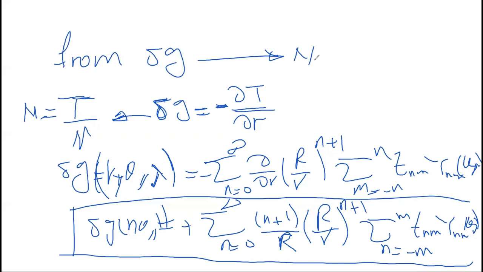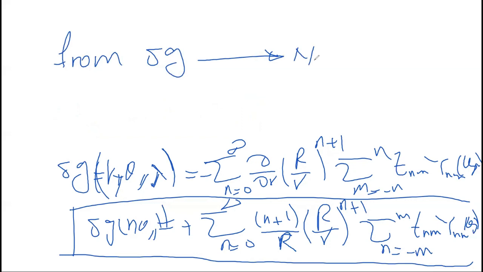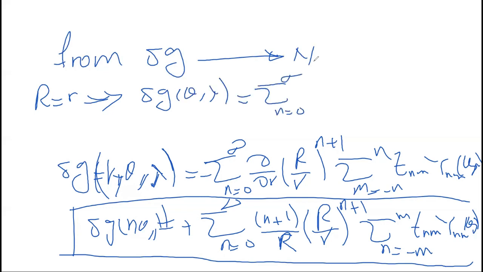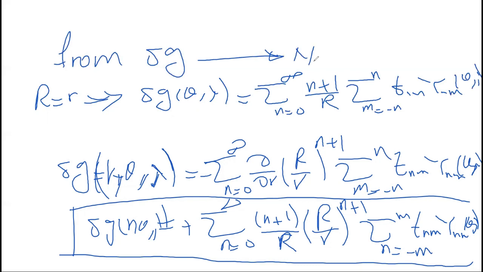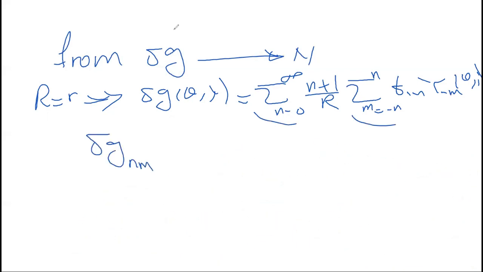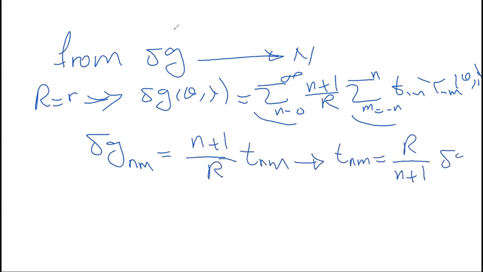If I determine this one, and for this n, I already have the gravity expansion. So if I make r equal to R, for example, then delta g at the surface. So from this equation, it is simple to conclude that if I take away the summations, I already have the formula for the geoid, if you remember.